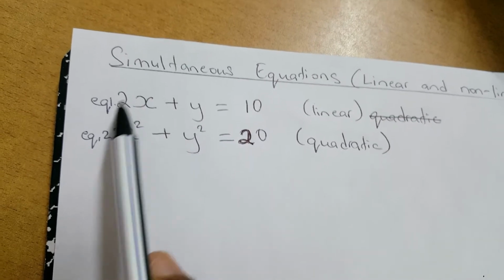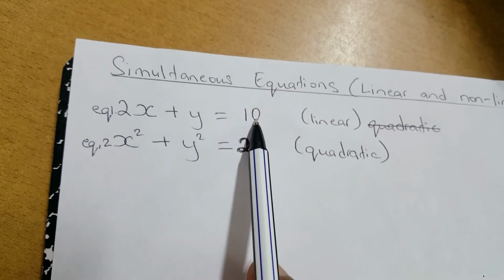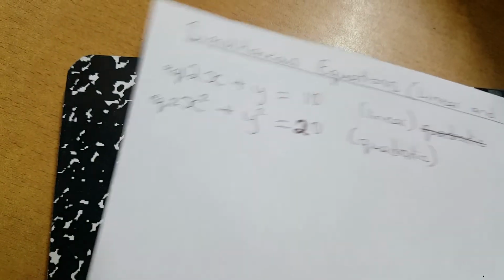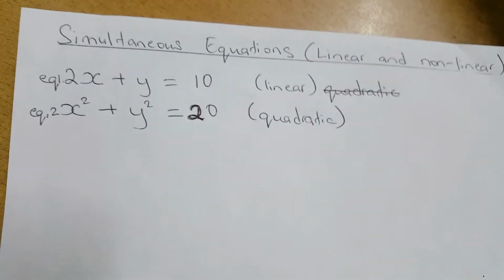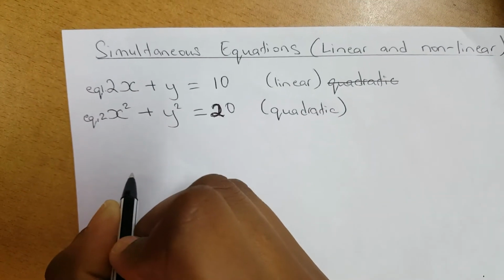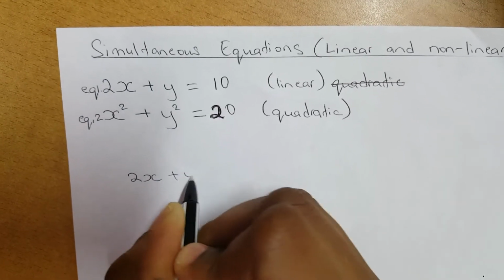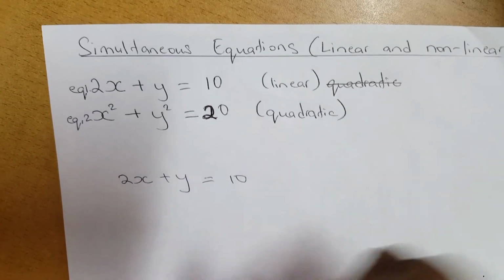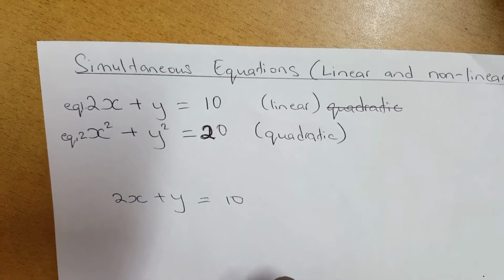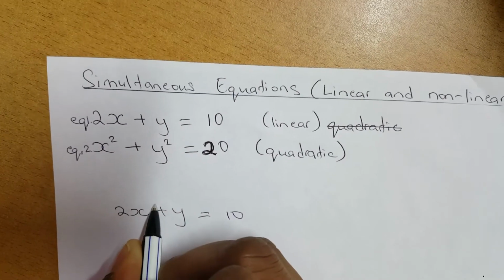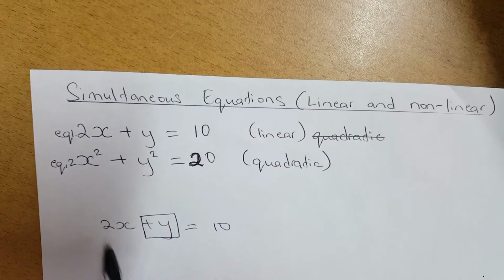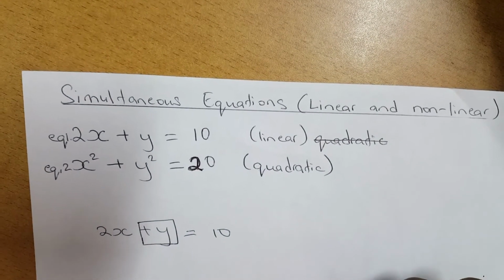Alright, so I have 2x plus y equals 10. My aim is to get one of the variables staying on one side. The easiest thing I realize is that the y has a coefficient of 1, so that could be the easiest that I can keep to itself. Now I still have the 2x attached to it, so I have to get rid of it.